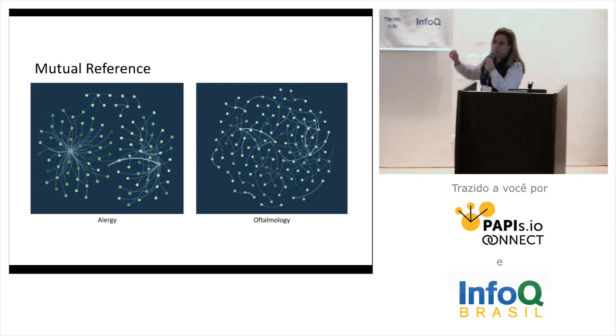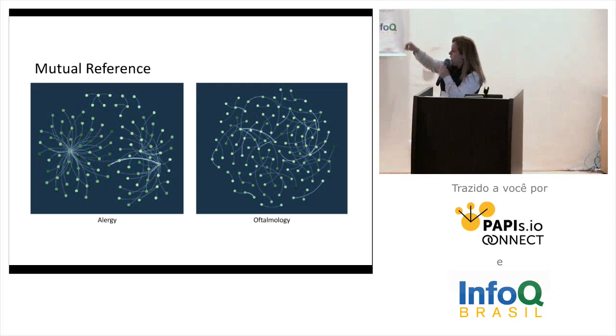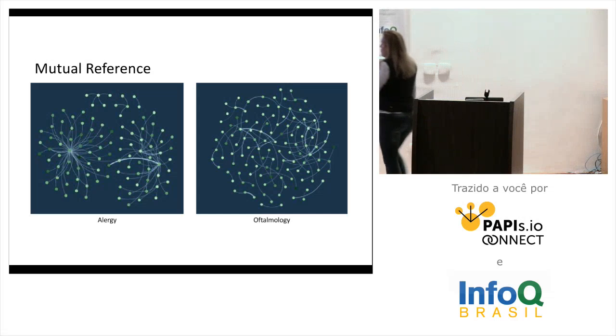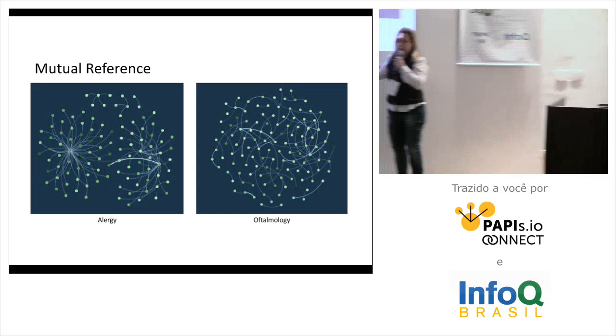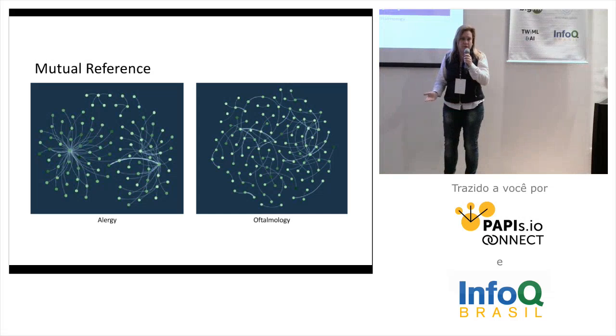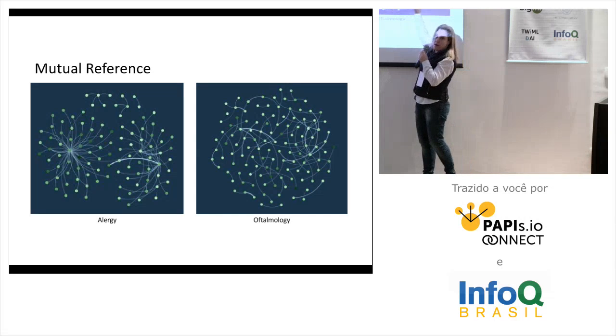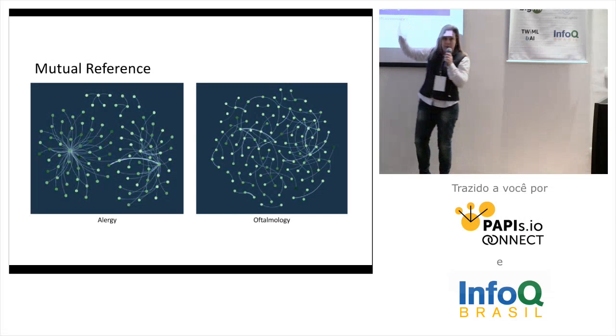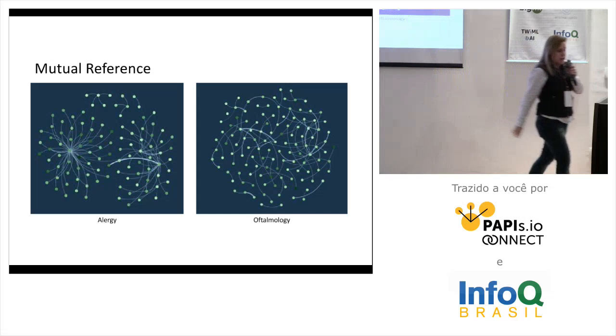So he is a very important guy and has a lot of connections. If you look, for example, at ophthalmology, it has a different behavior. So he is not a very specialized guy. So you go to an ophthalmologist, and if you need something different, they refer you to another guy. And you work more or less in pairs. So you have several pairs that have strong connections.